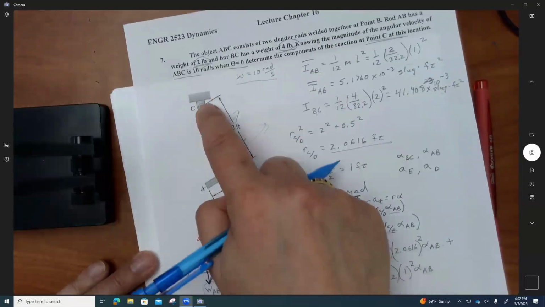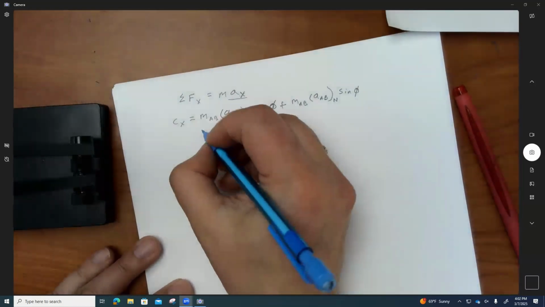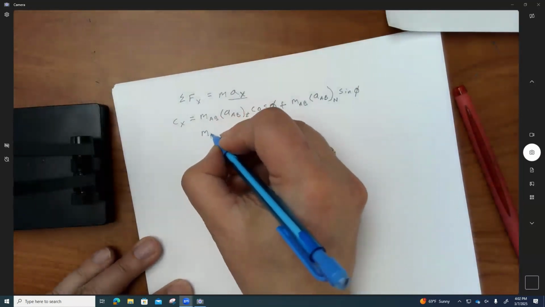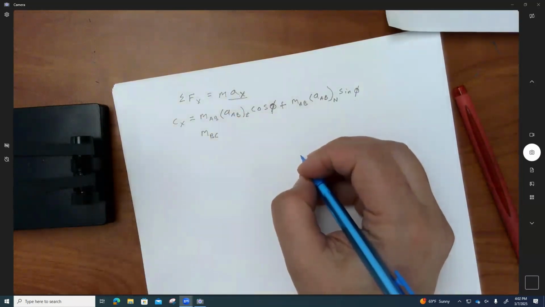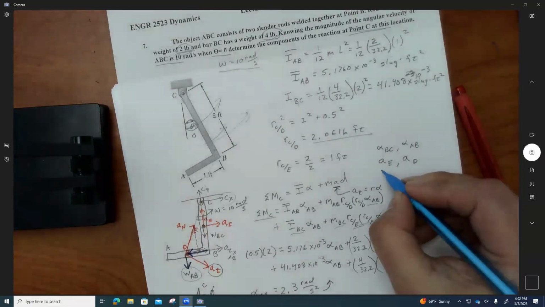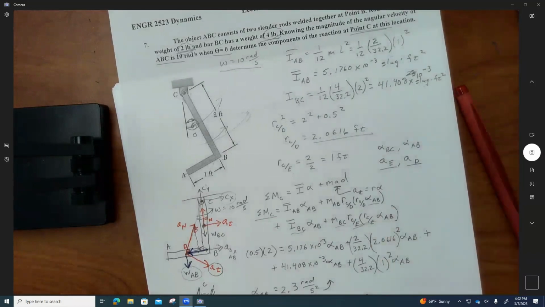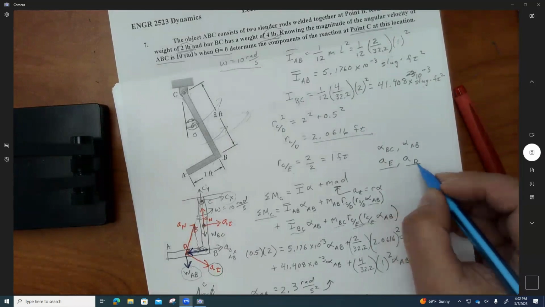Okay, that takes care of one piece of the link. Now let's look at BC. We're going to have the mass of section BC, and we're going to look at the two acceleration components that, when added together, are going to be the acceleration of the center of mass.